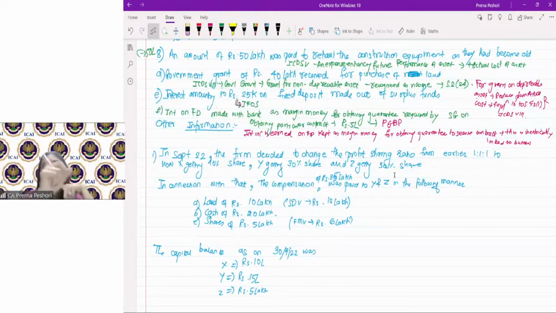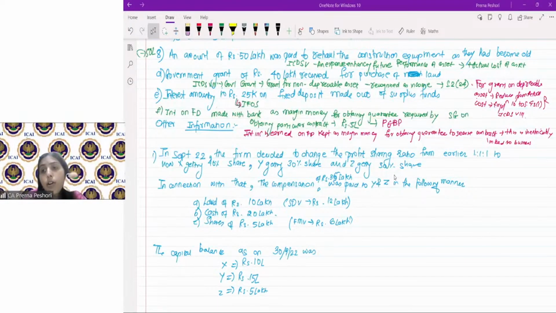This you will revise because in the next class, we'll be solving the questions around these areas. Are we clear? So will you revise and come and solve this other information part because that is totally in relation to the capital gain part. Will you revise and come before the next class?